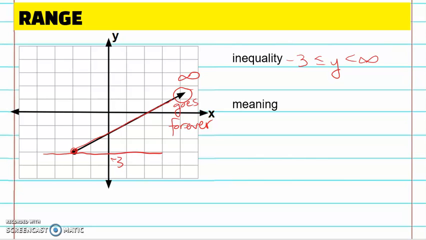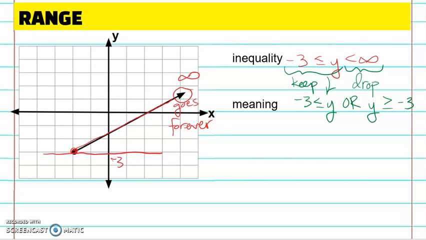And remember, with our inequalities here, with our range, if you have infinity on one part, you can drop that, and you just keep the other part. Okay? And so this would be -3 is less than or equal to y. Or I really want you comfortable reading it mirror image, read it from the variable side. So if I read this backwards, it would be y is greater than or equal to -3.